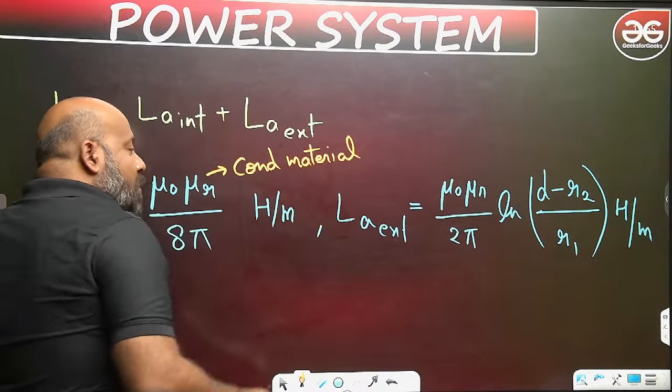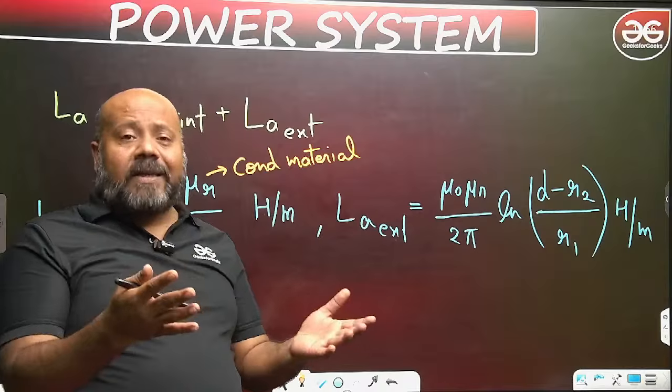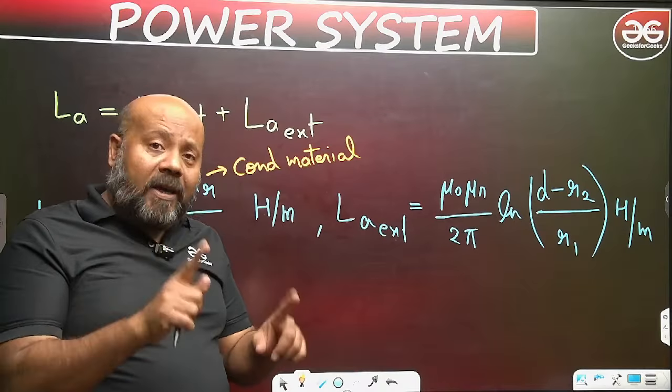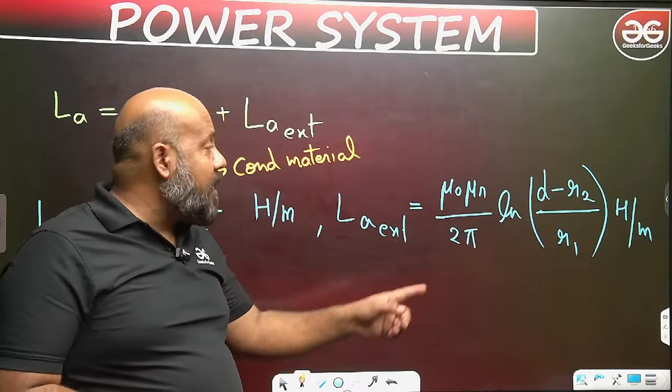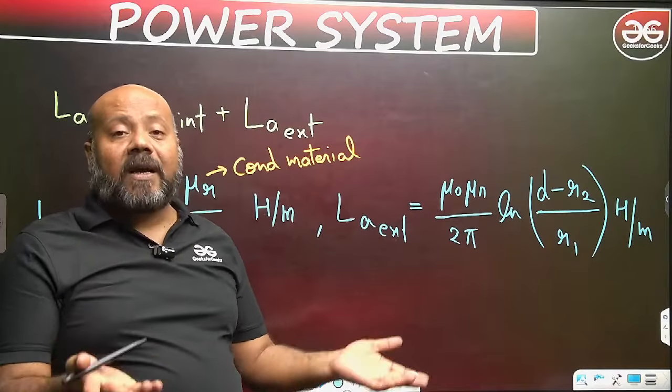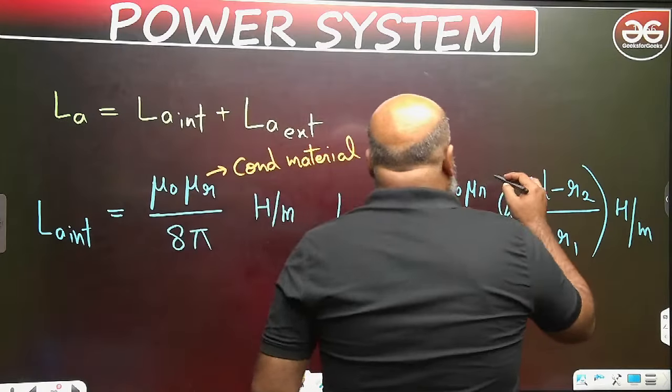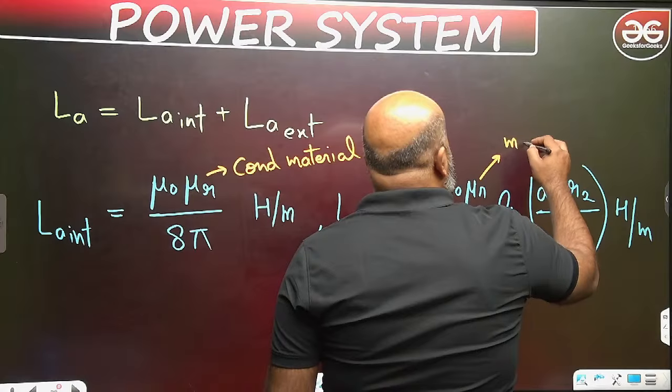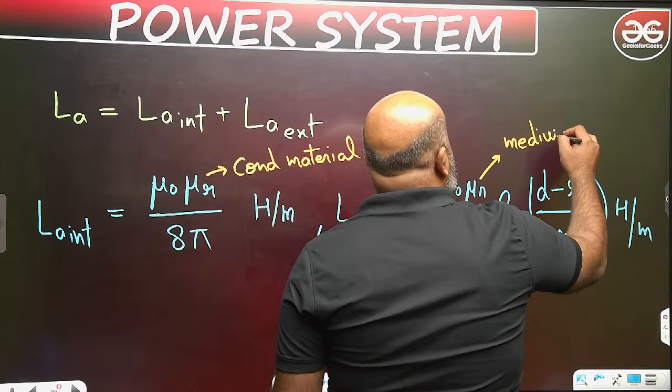But when you are talking about the external flux linkage, you are outside the conductor. It means you are talking about the relative permeability of the medium in which the conductors are placed. So this mu r is the relative permeability of the medium.